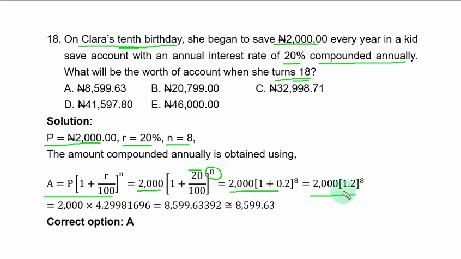If you check 1.2 power 8, you have this result. You multiply it by 2,000 and that gives this. To 2 decimal places, you have 8,599 naira 63 kobo. That is option A.